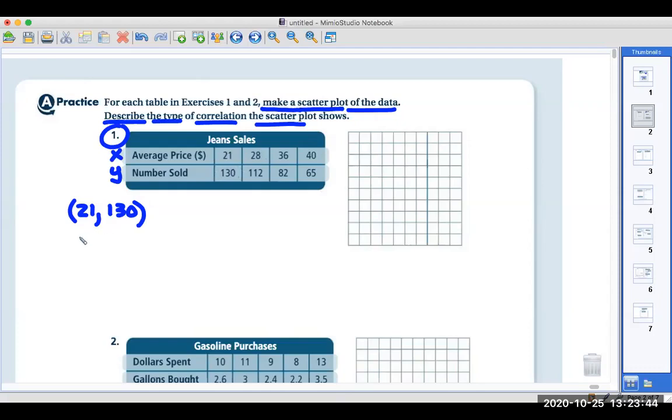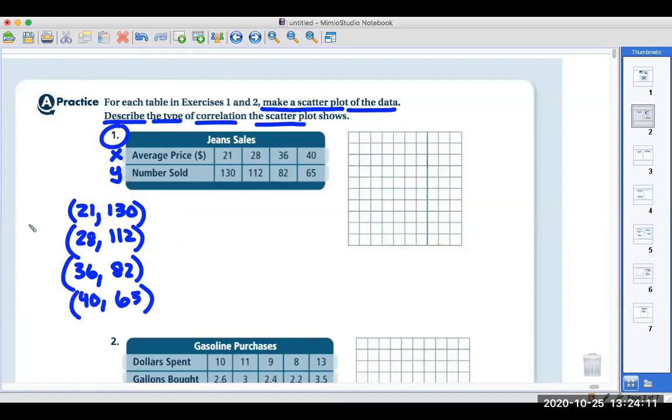If the price goes up to $28, you would only sell 112 items, and so on and so forth. It looks already to me like it's a negative correlation, but we'll look at the scatter plot. So these are the ordered pairs we're going to plot.